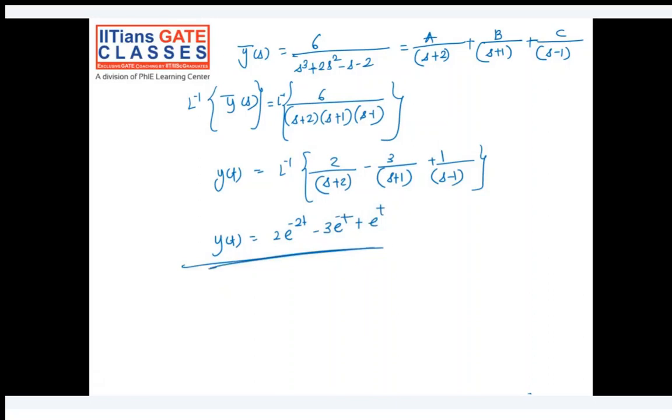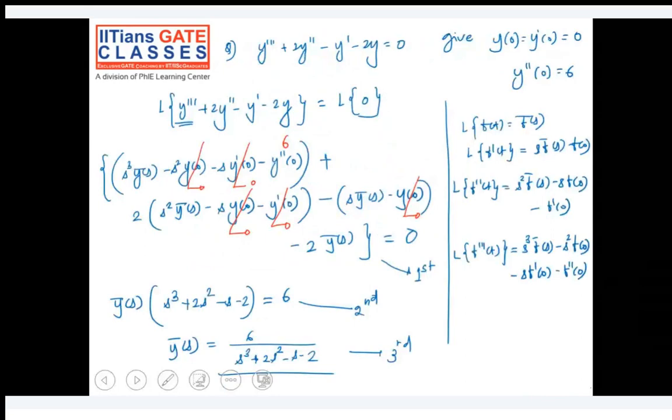I hope you are following the overall process. First step is to take the Laplace transform on both the sides and apply the initial conditions. That is what we have done. And second step, take the constant terms, the terms with the minus sign, to the right hand side.